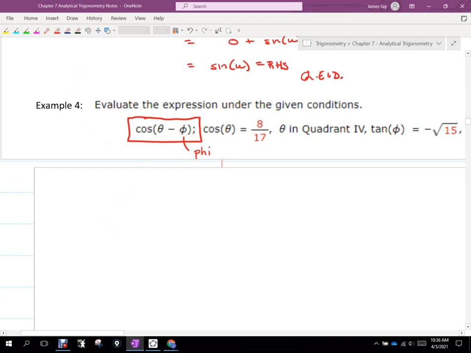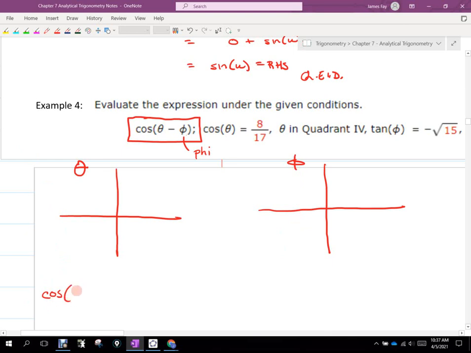You can do this in one picture. I strongly urge you not to. Do it in two pictures. Draw a picture for theta, and then draw a picture for the angle phi, and label them. Okay? Because here's what's going to happen. They want us to figure out the cosine of theta minus phi.